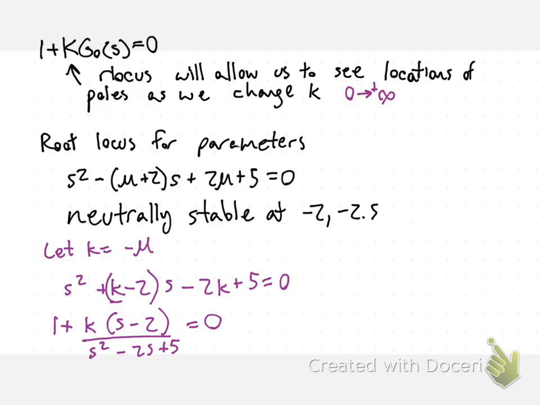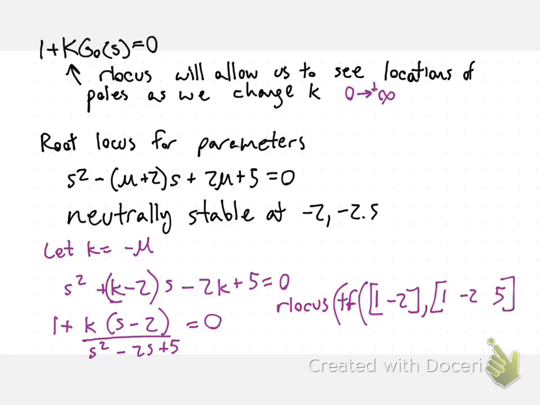So in MATLAB, we can plug in root locus of, and our numerator is going to be 1 -2. And I think we'd have to do root locus of a transfer function. So: transfer function, root locus, with a numerator of 1 -2 and a denominator of 1, -2, and 5.